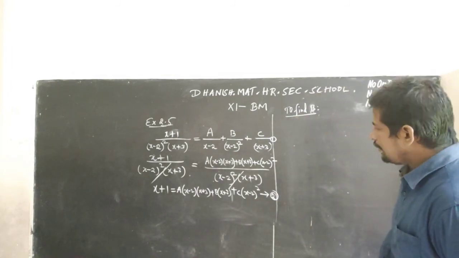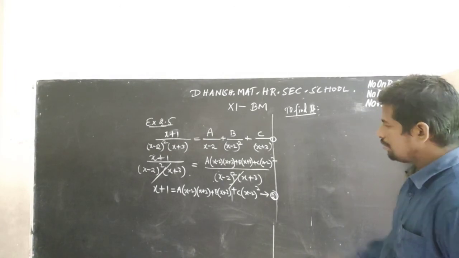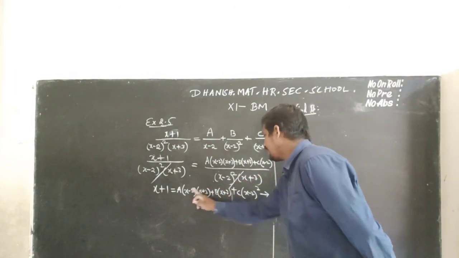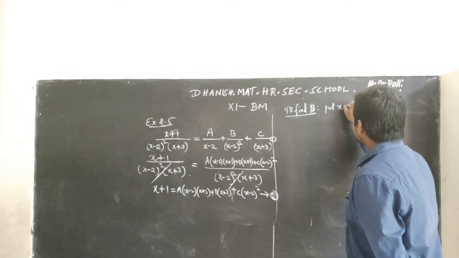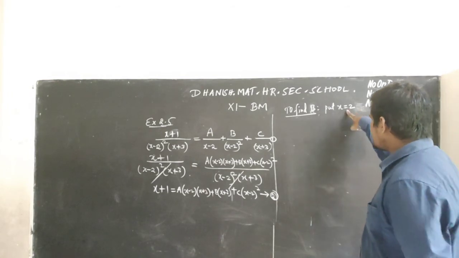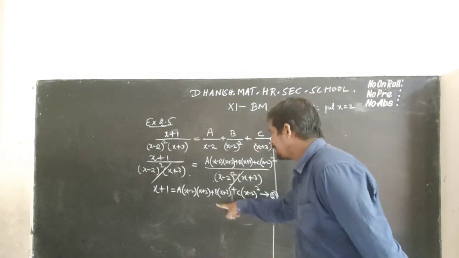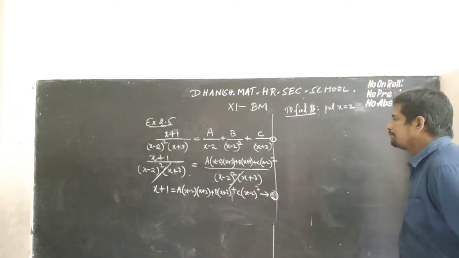If you want to find b, a and c terms should become 0. Look at the a and c terms. Here x minus 2 is the common factor, so I'm going to put x equal to 2. If you put x as 2 in the equation, the a and c terms will become 0.